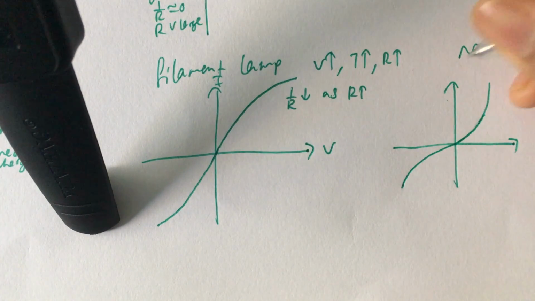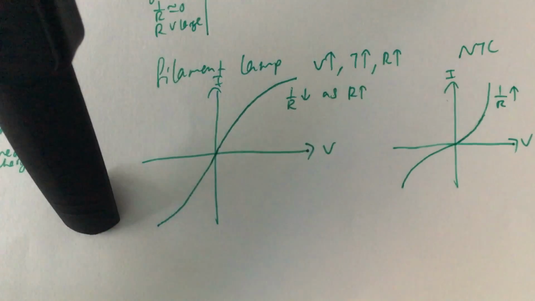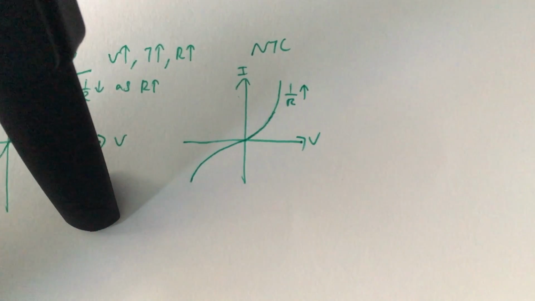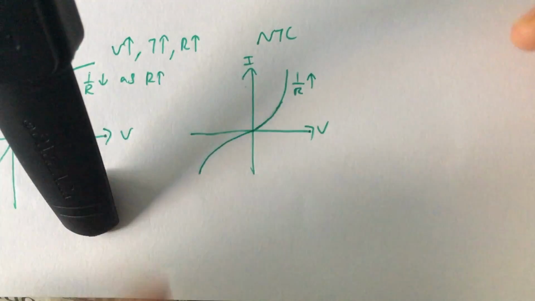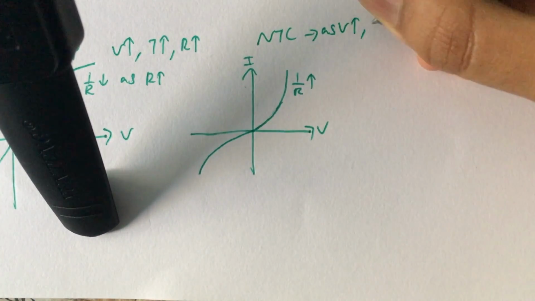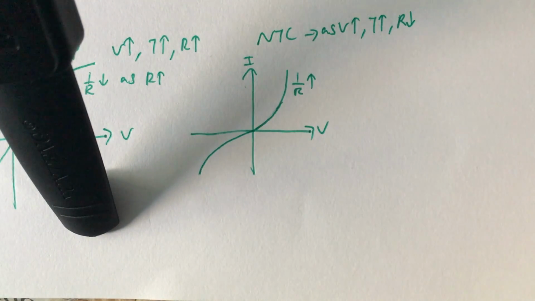So for the negative temperature coefficient thermistor, as I mentioned just now, the resistance will decrease when the temperature increases.